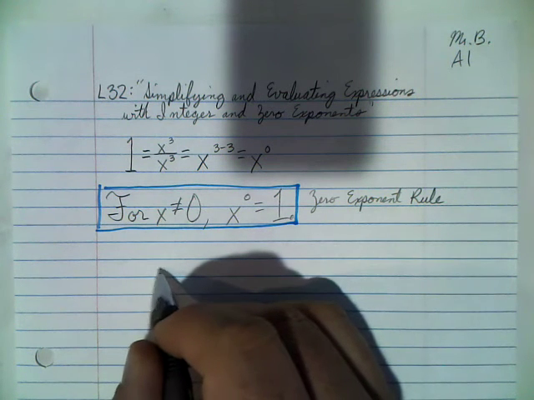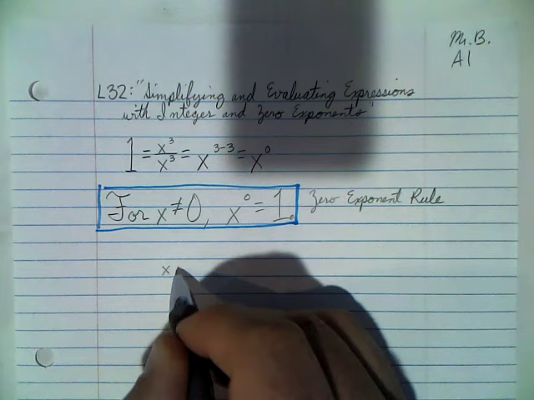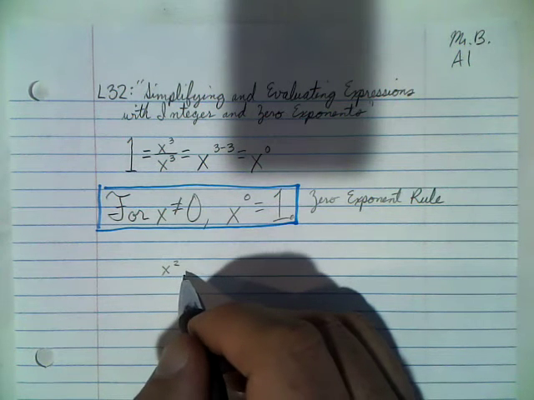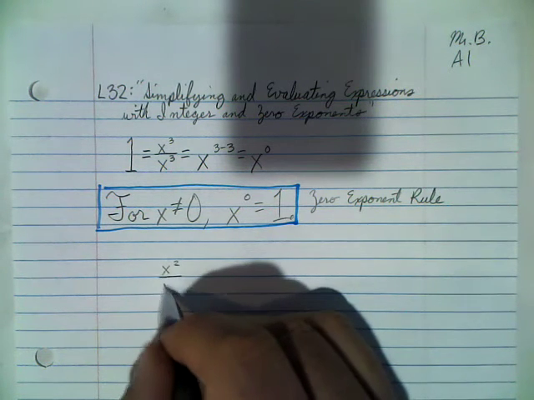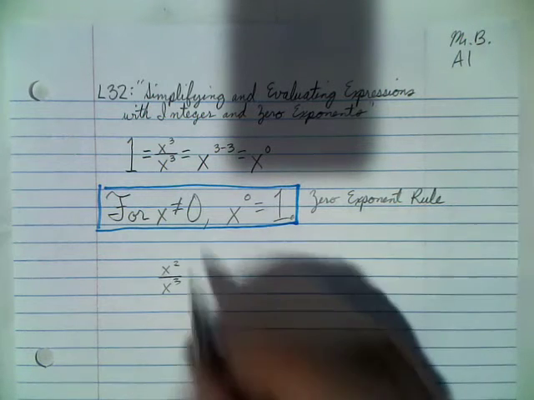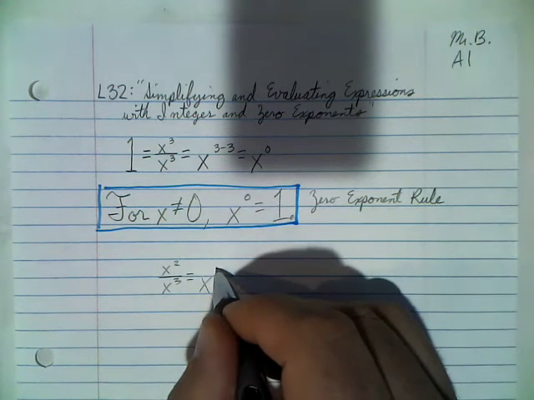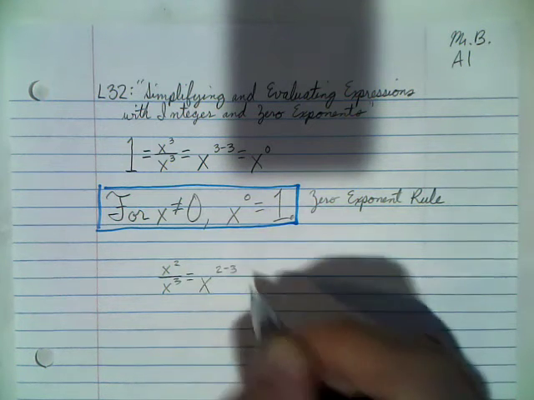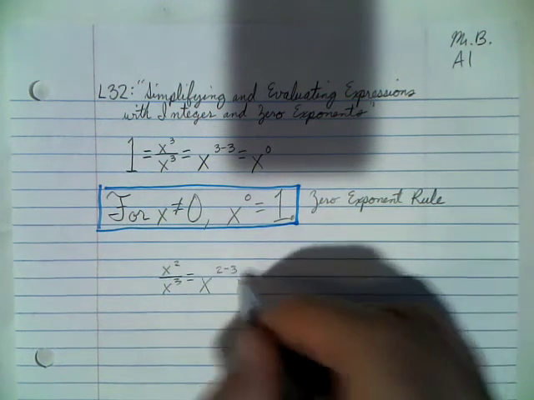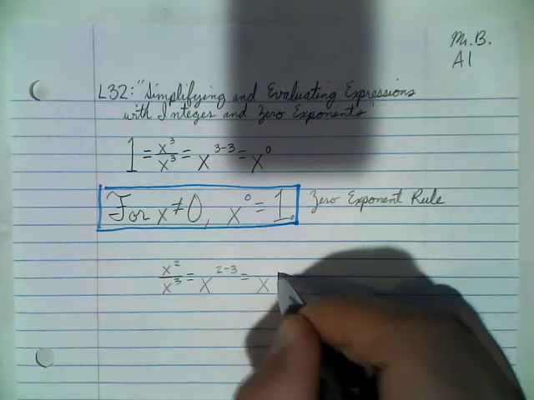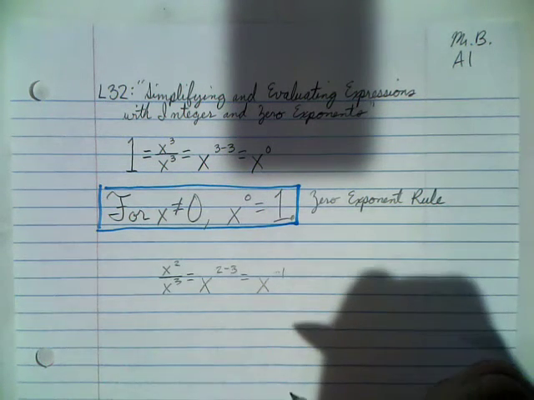And so our second property of today, we're going to take a look at now. So let's consider if we had instead x squared over x cubed. Well, once again, we know that this is going to be x to the power of 2 minus 3. 2 minus 3 is really negative 1.